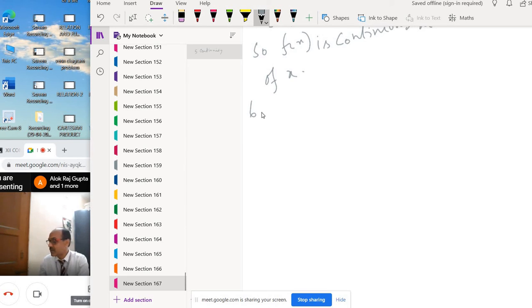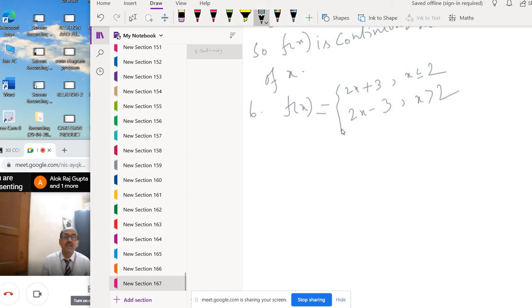It is given f(x) equal to 2x plus 3 when x is less than or equal to 2, and another function given is 2x minus 3 if x is greater than 2. So these two functions make up f(x).